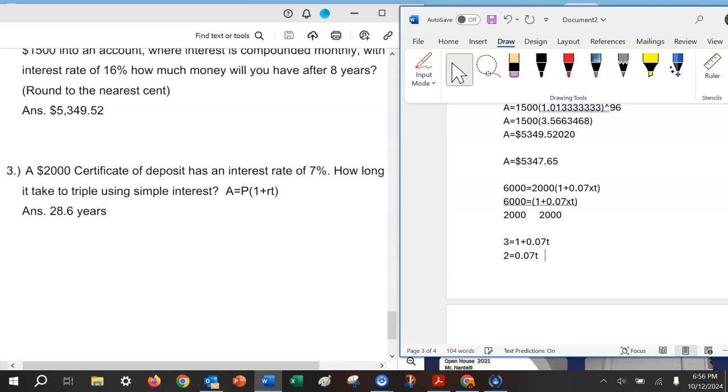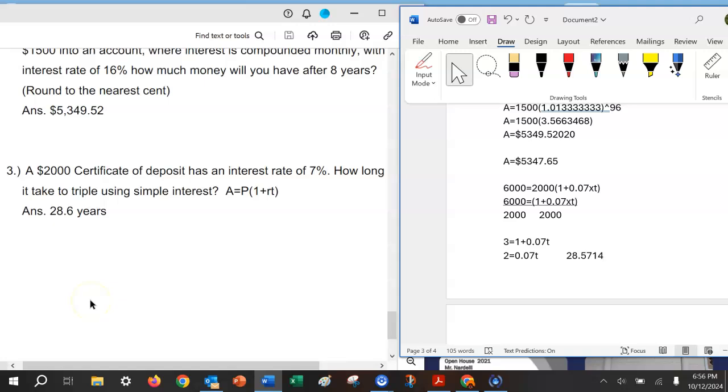Now, to get my answer, I need to do 2 divided by 0.07. 2 divided by 0.07. That gives me, it says 28.5714 years.